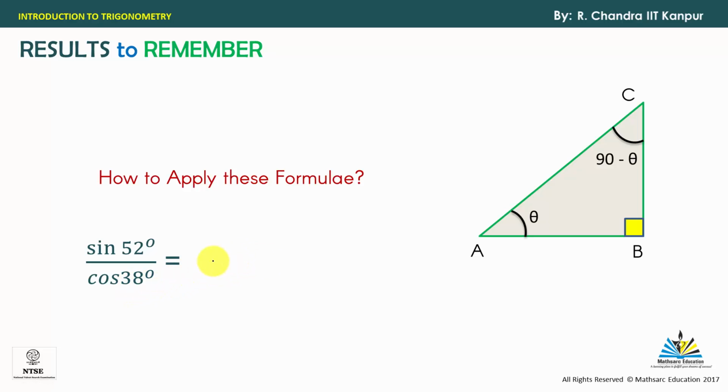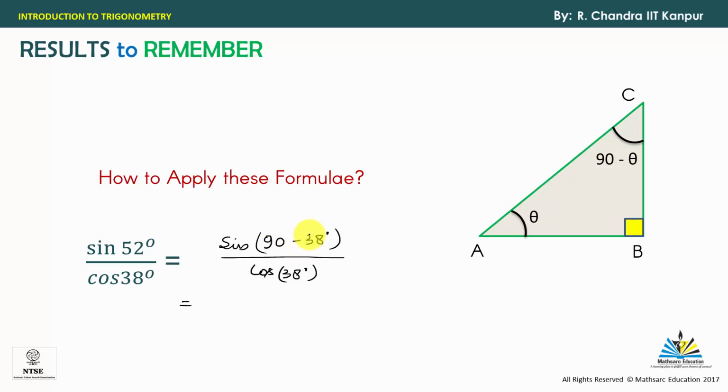This implies we can write it as sine of 90 degree minus 38 degree upon cos 38 degree. You can see 90 minus 38 is 52. So what we have, sine 90 minus theta is cos theta.